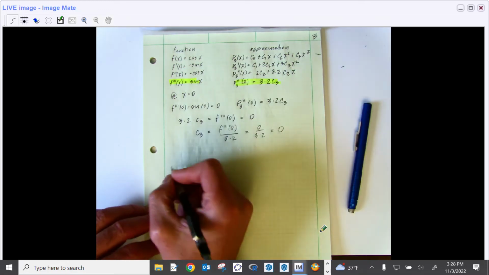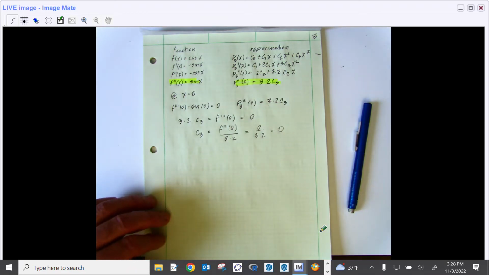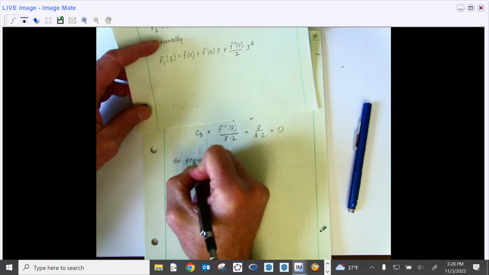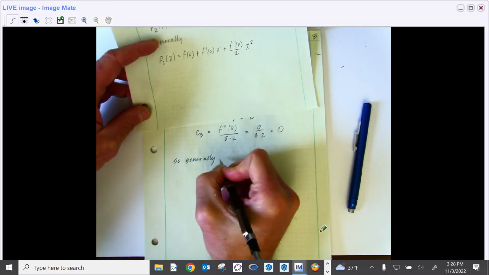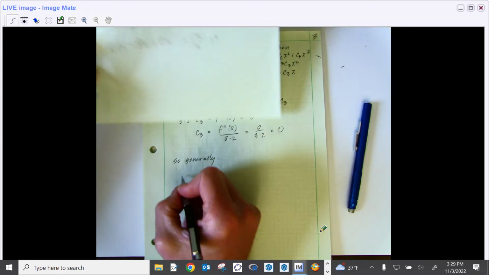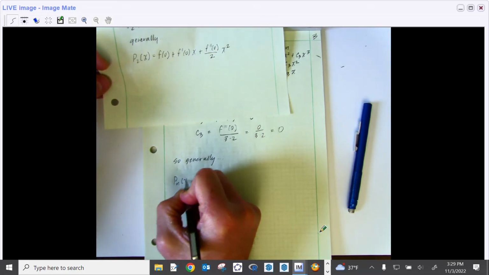So let's think about what we have so far. Generally, what we want is a p sub n of x, right?